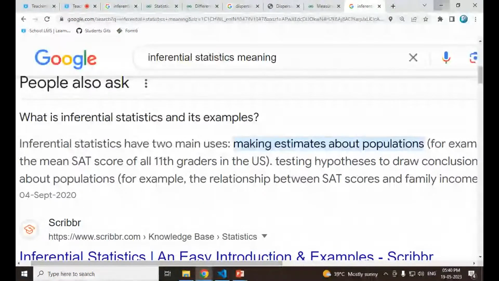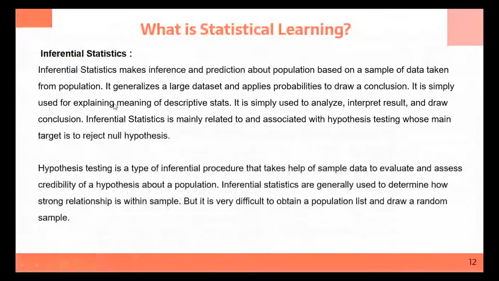Okay, let's go back to our slides. Inferential statistics makes inference and prediction about population based on the sample data taken from the population. Again, we need to understand the meaning of this inference.